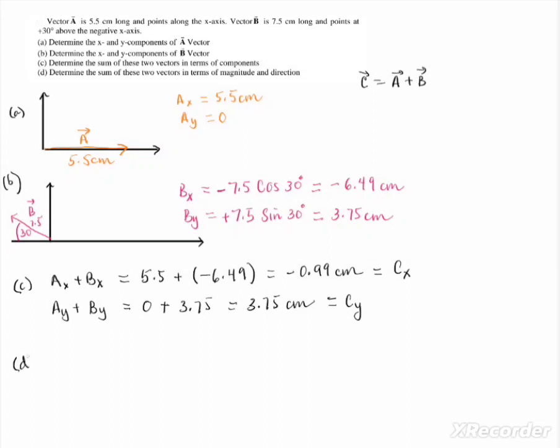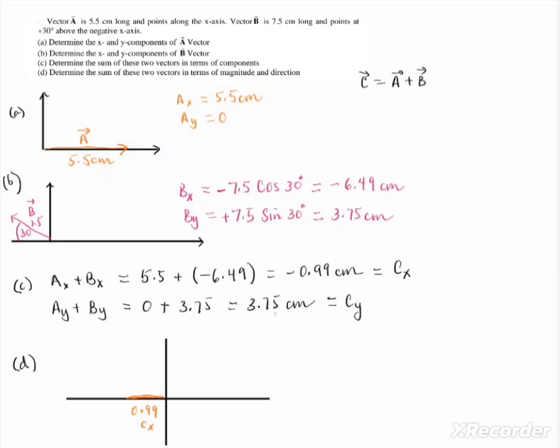And for part D, we have to determine the sum of these two vectors in terms of magnitude and direction. So something we can do is to redraw this Cx and Cy. So Cx here is negative 0.99, so this is our Cx.